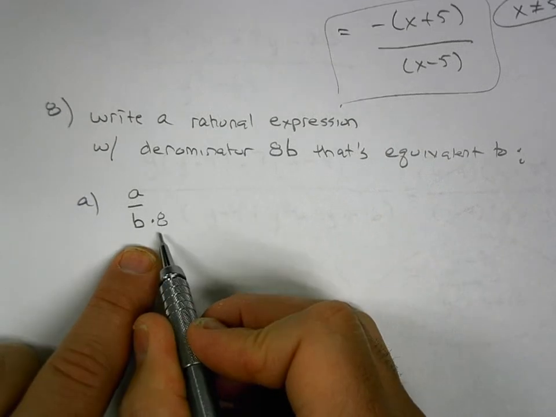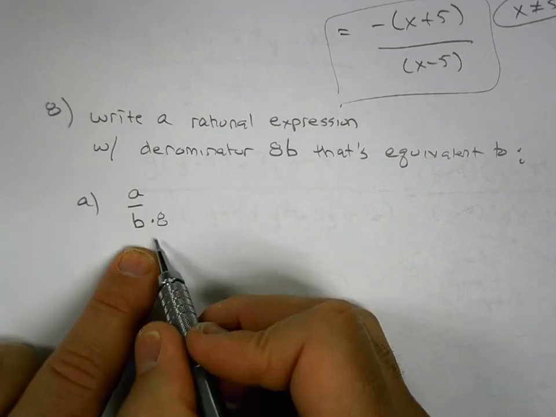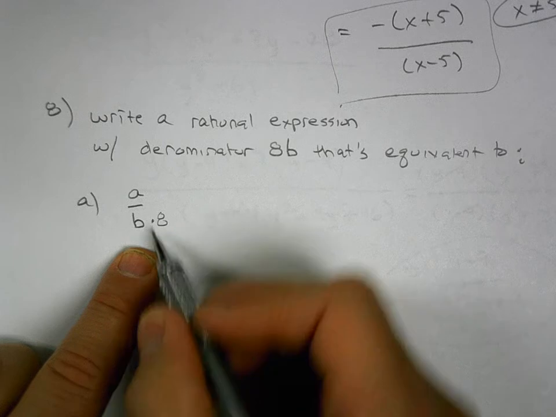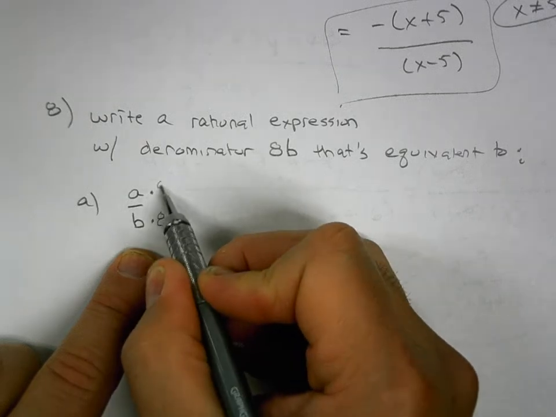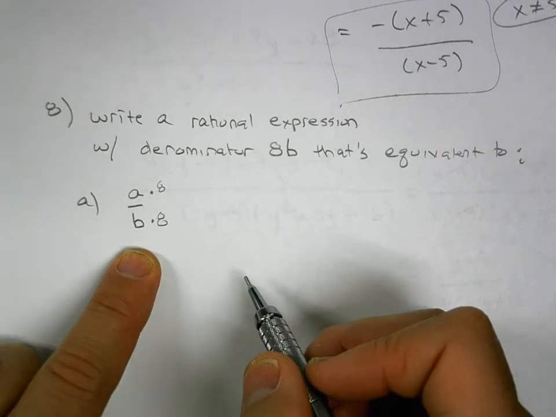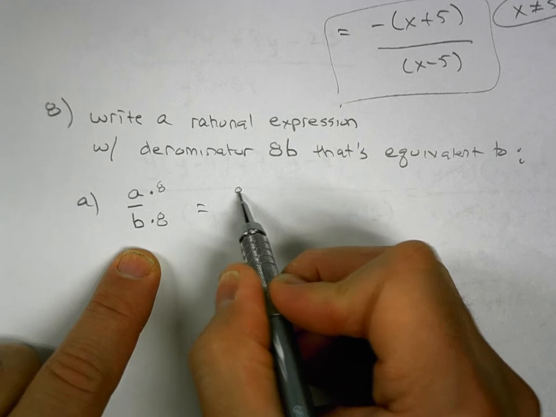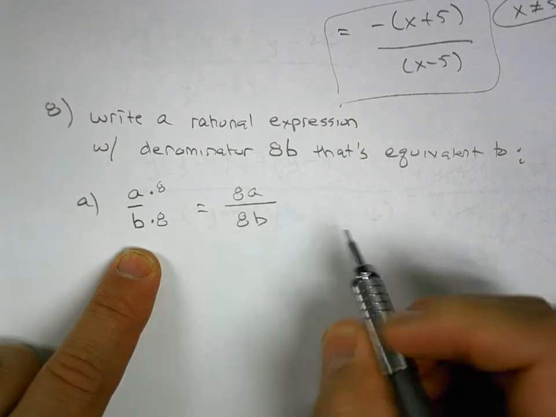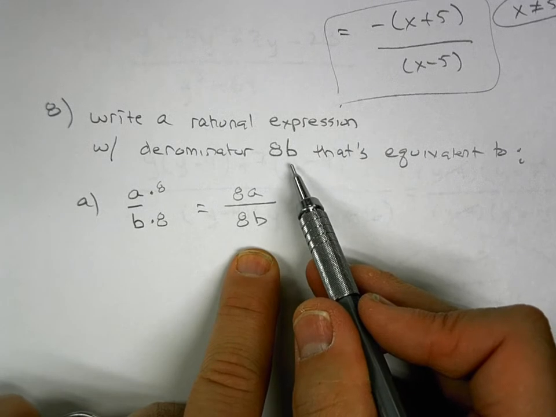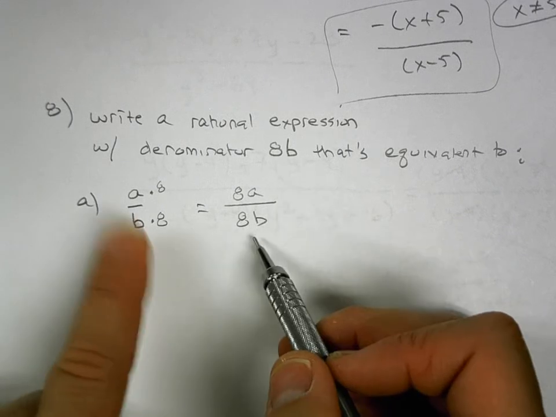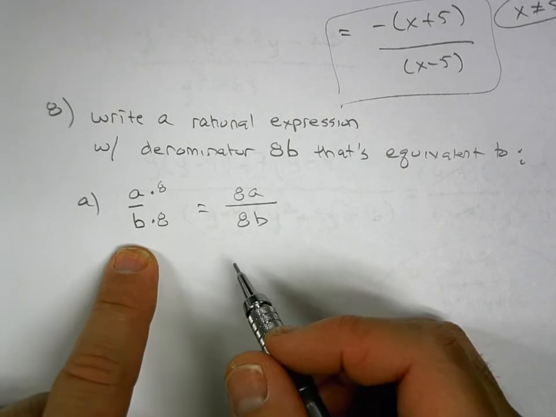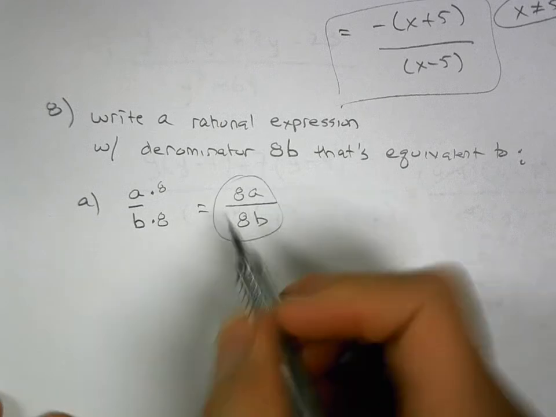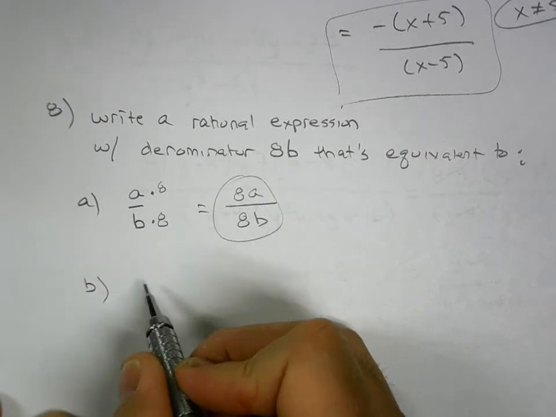But if we multiply the denominator by 8, what do we have to do to the top? Multiply the top by 8. Okay, and so this is 8a over 8b. Now it has a denominator of 8b, and it's equivalent to a over b. We're just making equivalent fractions. There you go.